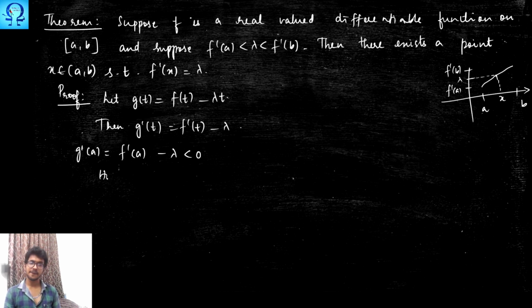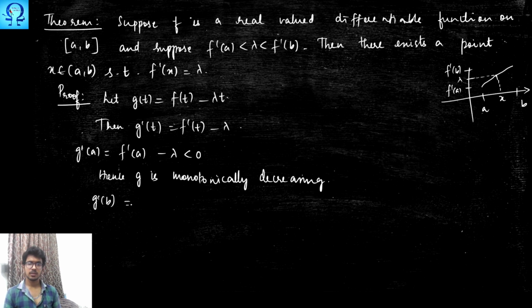Here, this is happening to me. Hence, my g is monotonically decreasing. And now, let me evaluate the derivative at b. This happens to be f prime of b minus lambda.